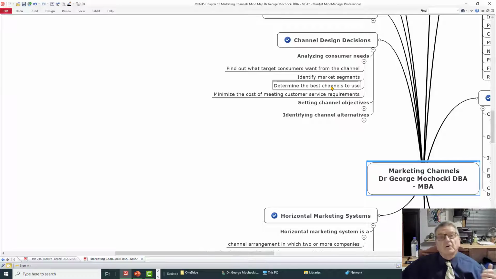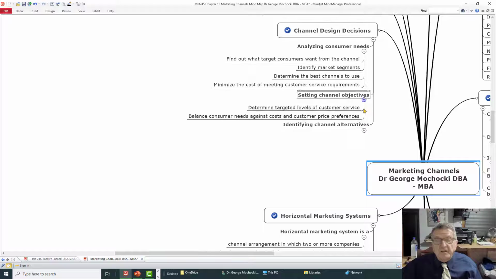Is it in Chicago, a high rise, or out in the suburbs or rural areas? All this changes my logistics and how the customer feels, and how quickly he or she needs the product. Then, in setting channel objectives, you determine the level of customer service you want to provide for your product, balancing customer needs against price preferences.